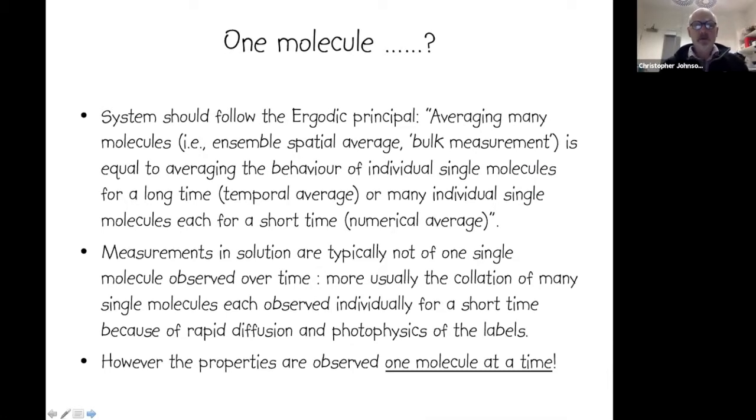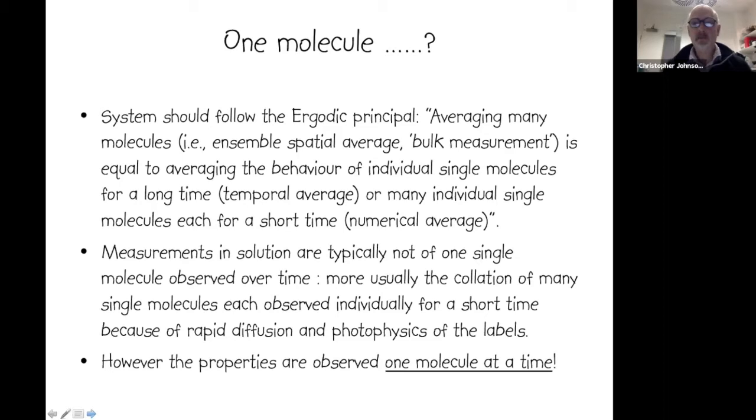And one thing to just clear up is when we talk about single molecule measurements, people often think that we're talking about just measuring one molecule. But in general, all systems that are behaving in a statistical manner should follow something known as the ergodic principle.